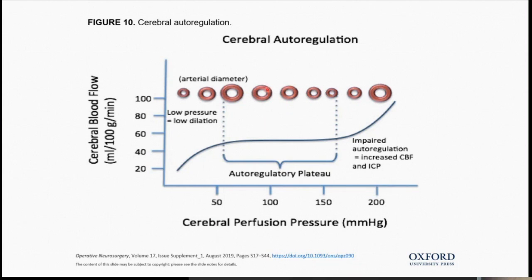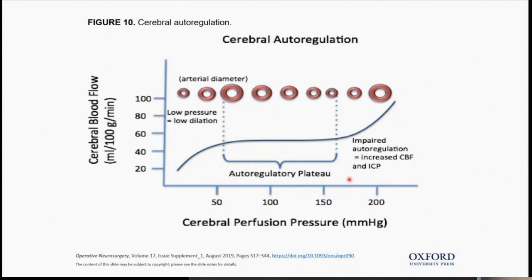And there's another theory about the endothelium synthesizing materials like nitric oxide, eicosanoids, and prostaglandins, which affect the diameter of the blood vessel. Between this plateau, the blood flow will be maintained.